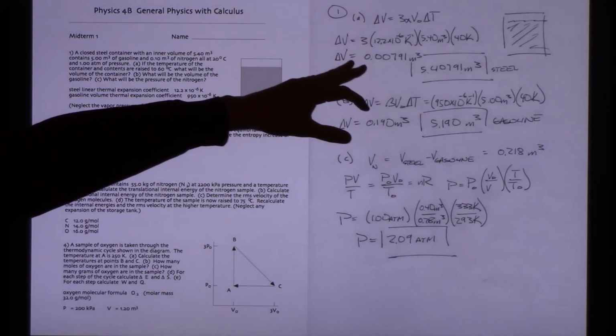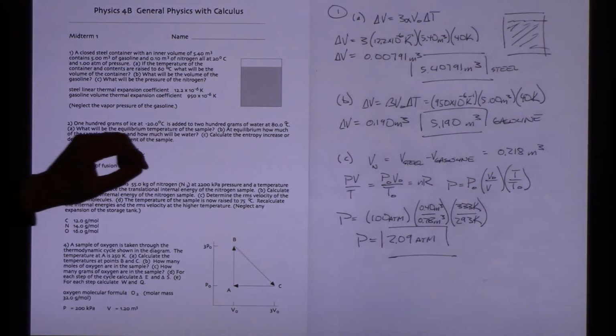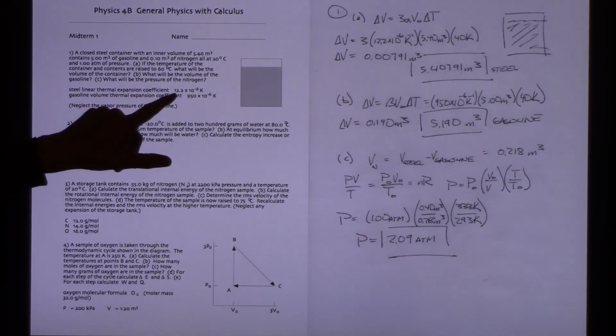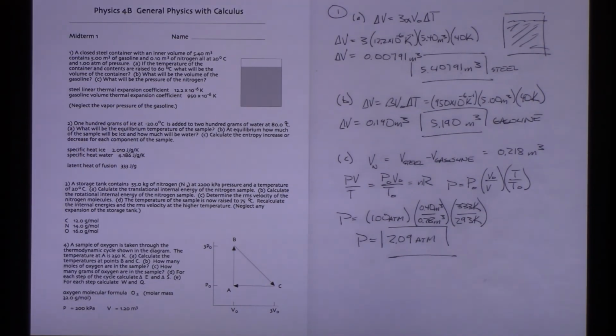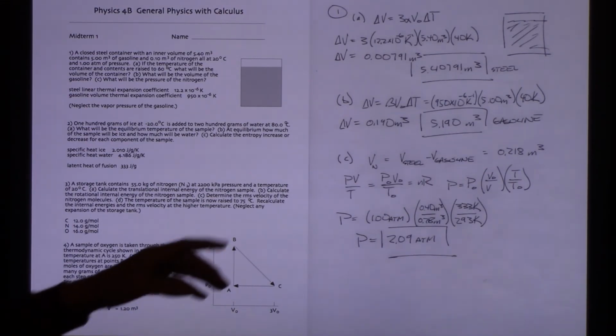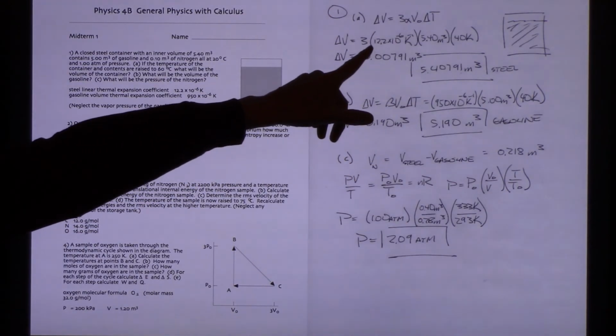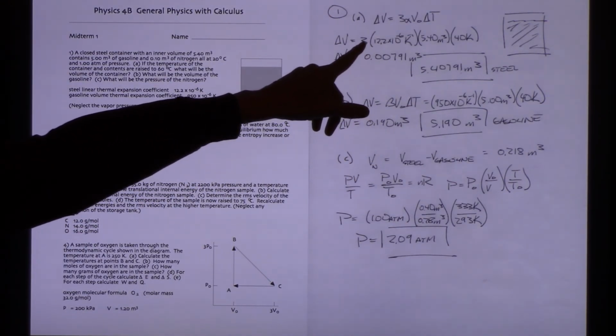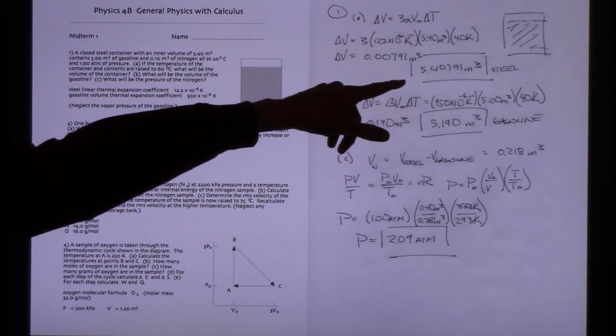First of all, I can start with the container. The expansion coefficient for the steel is 12.2, but remember, that's a linear expansion. To turn it into a volume expansion, I've got to multiply by 3. So I turned it into a volume expansion by multiplying by 3, and that turned out to be 5.41.